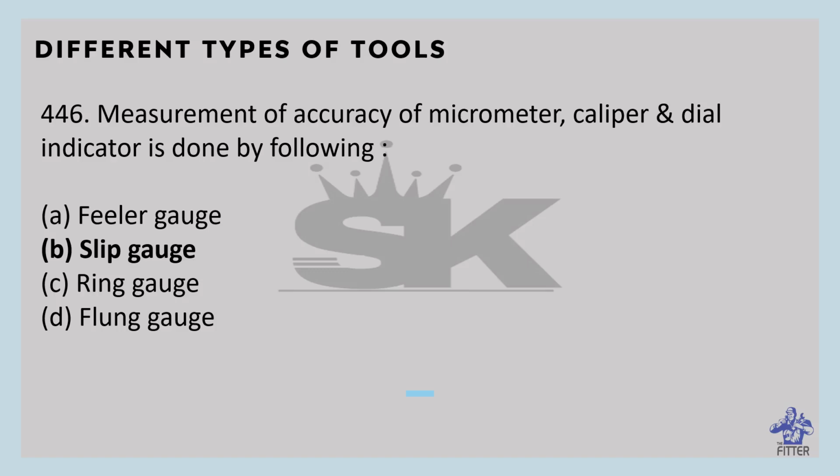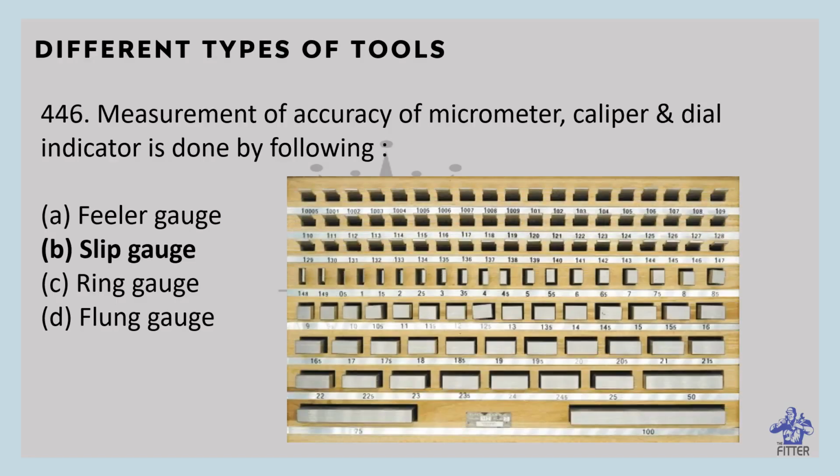It can check the accuracy of micrometer, caliper, and dial indicators. So these are the slip gauges. I think you may all be aware of slip gauges; at least once you have seen them in the laboratories.